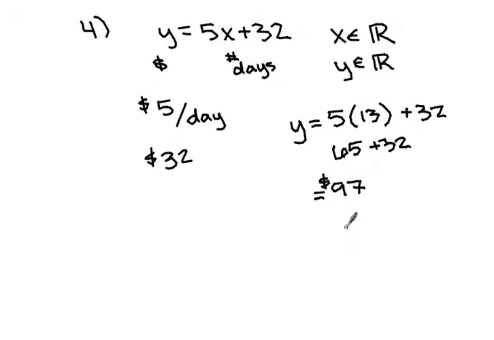All right. Now we'll go on to number 5. If a company makes $35 per suit they sell, and they have 212 suits to sell, what is the applicable domain and range for this situation? My domain is my X's, where X is the number of suits. So what's my domain?